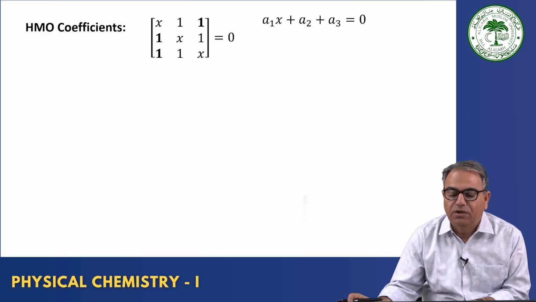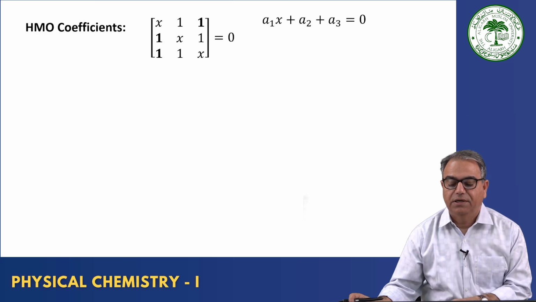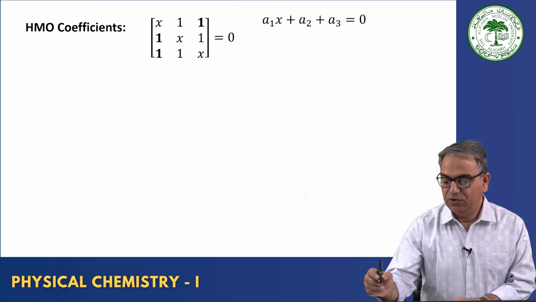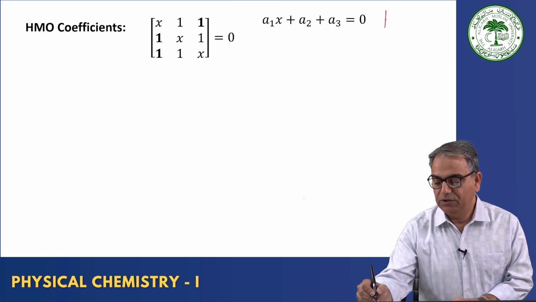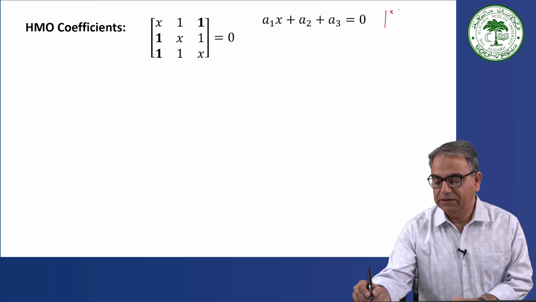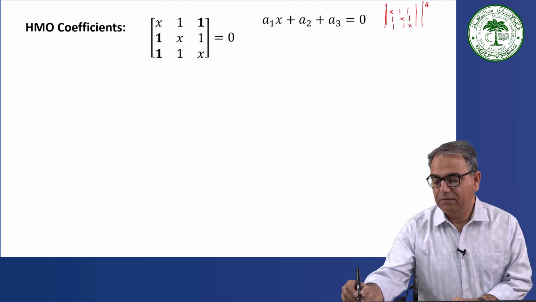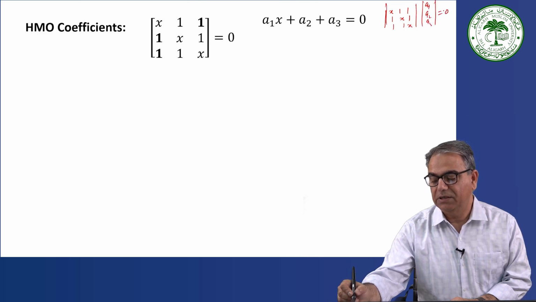So, the first row. And one thing more I wish to tell you: if you are writing this matrix, this is your matrix, and the column of coefficients is A1, A2, A3, and this becomes equal to 0.